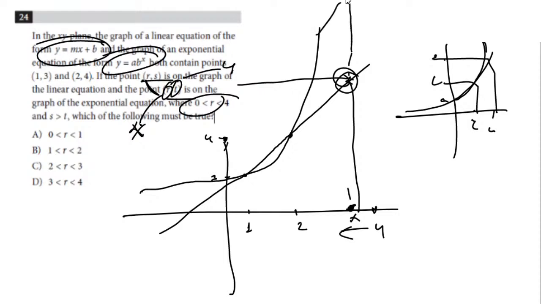It's not visible, but somewhere here. So did you understand how we find s and t? So this is our t because it says t is on the exponential function and s is on the linear.